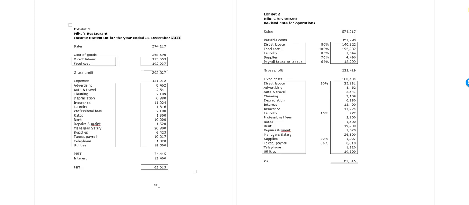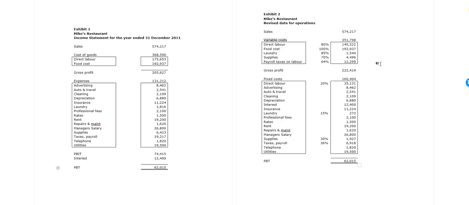What they have very kindly done for us in this case is take the data from Exhibit 1, which is accounting data, and put it into Exhibit 2, where they've revised the data for the operations. Notice that the sales are the same, but instead of having cost of goods as in Exhibit 1, we now have variable costs.